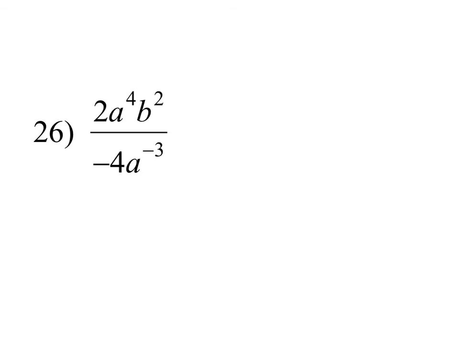One of the things you can do is to use your calculator when you have it. So do 2 over negative 4 in your calculator, and you're going to get the fraction negative 1/2. Now, it doesn't matter if the negative is out front or if it's on top or if it's on the bottom. They're all the same thing. I'm going to stay consistent.